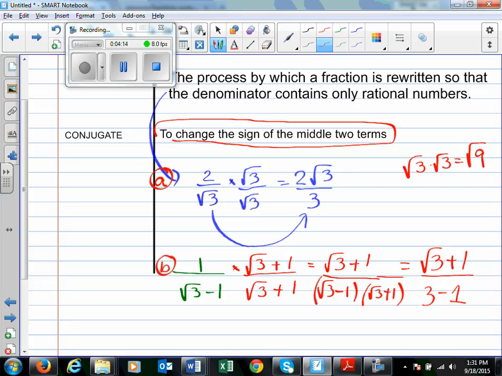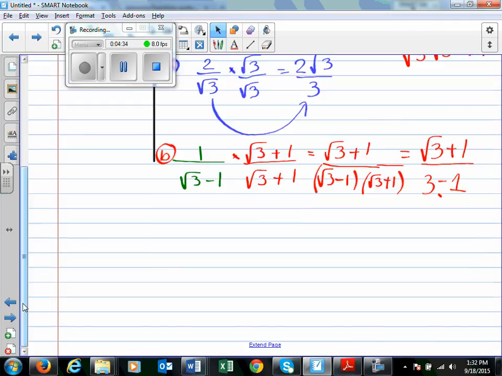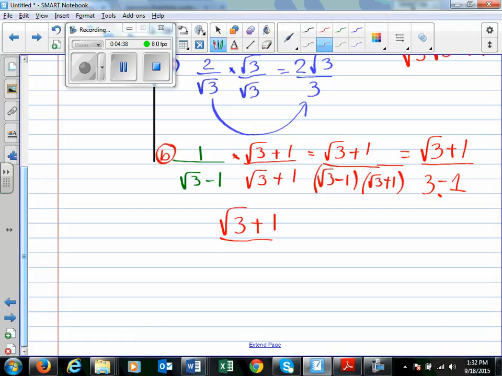The top remains there. You cannot cancel, because it is a plus 1, exactly. See, square root of 3 plus 1 divided by the denominator becomes 3 minus 1, which is 2.